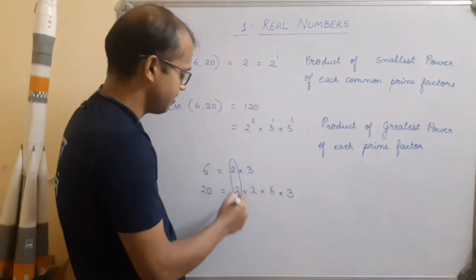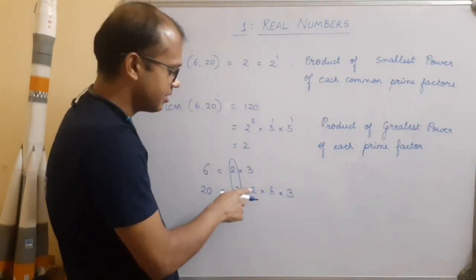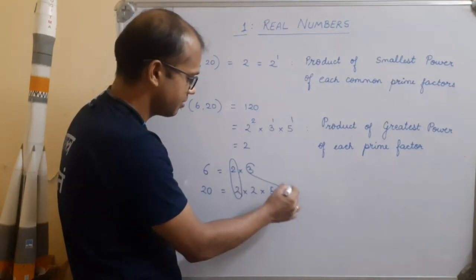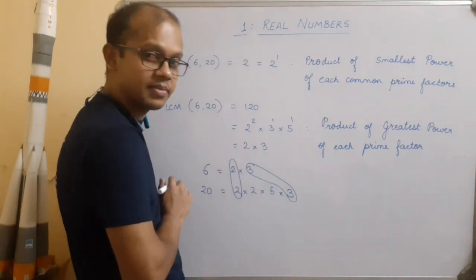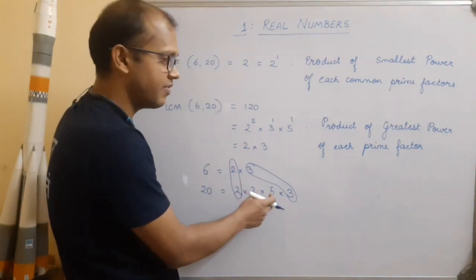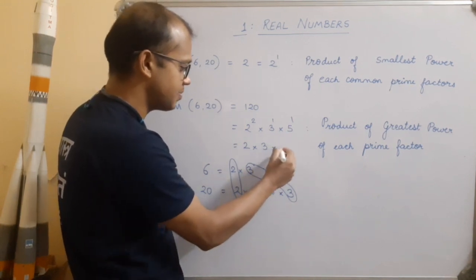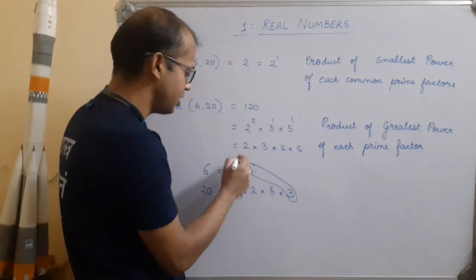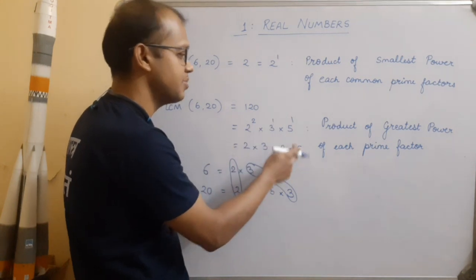Then 3 is there too, and this will also be written only once. The remaining are 2 and 5 because they are the highest power. Let us see the highest powers. The highest power of 2 here becomes 2 raised to 2, here it becomes 1, and here it becomes 5.